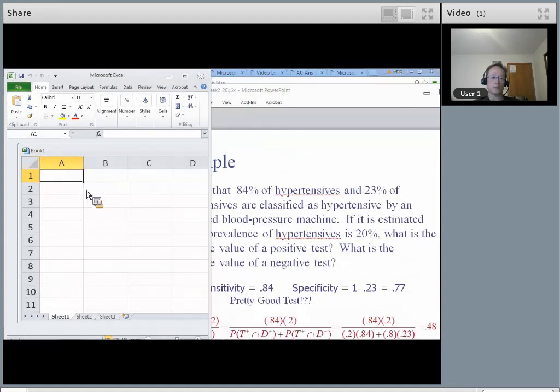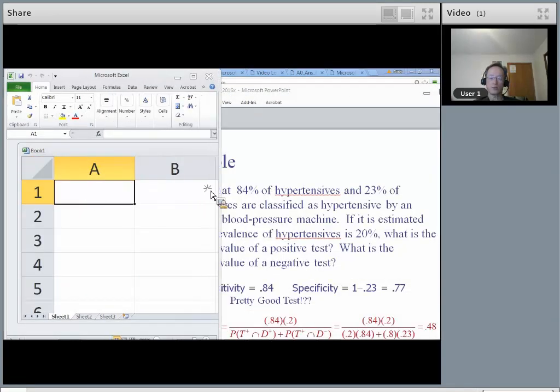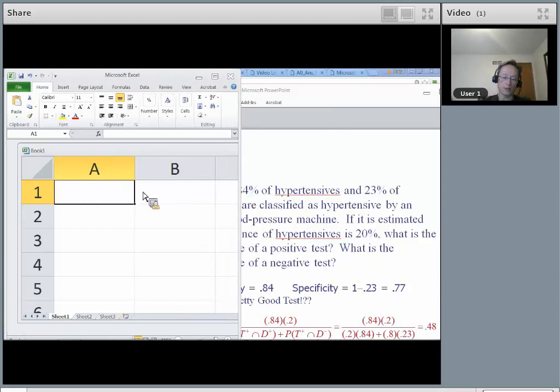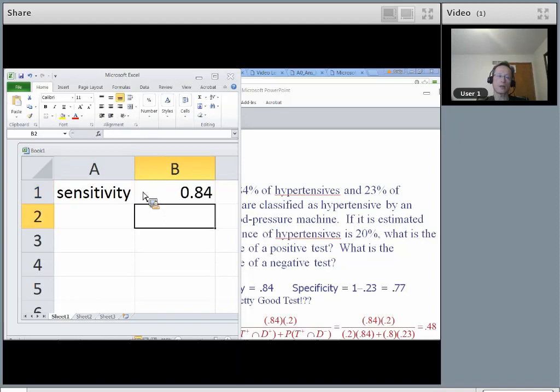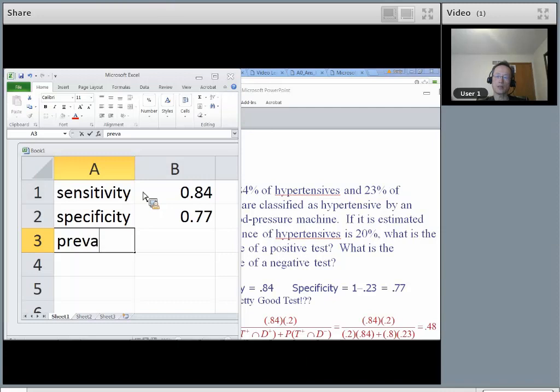Let's see if I can make this bigger. So maybe I call this sensitivity, that is 0.84, specificity, that is 77, and we have prevalence.